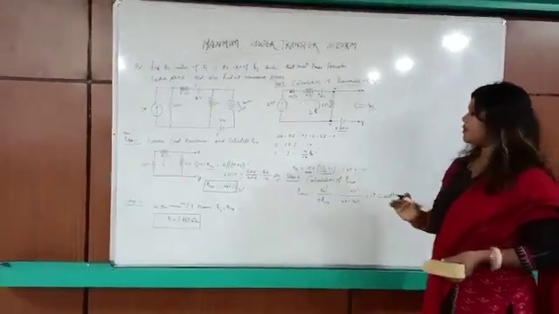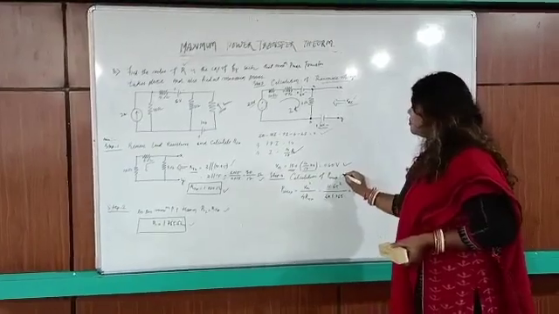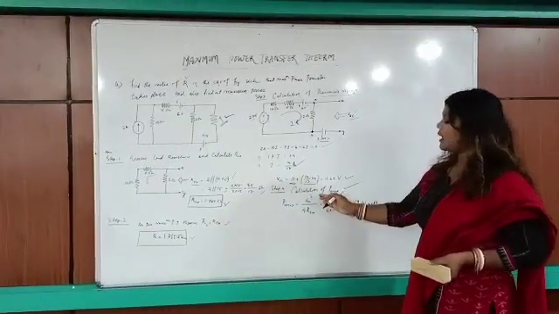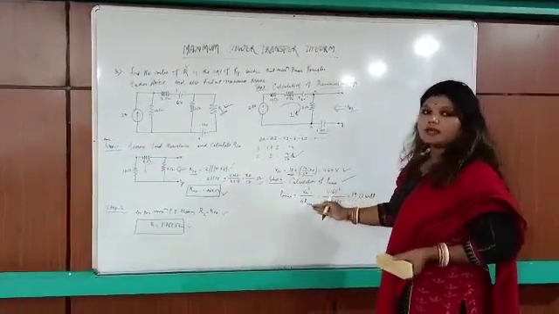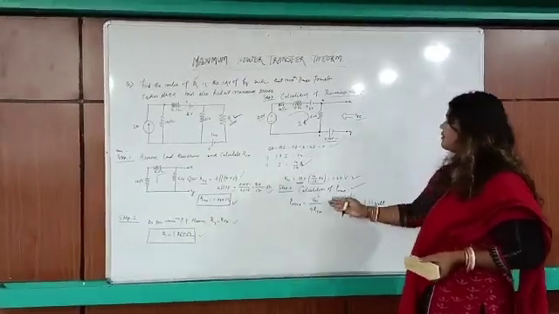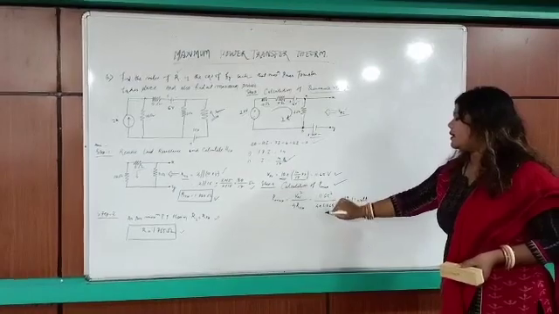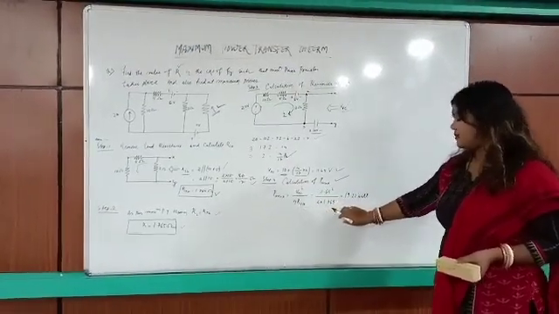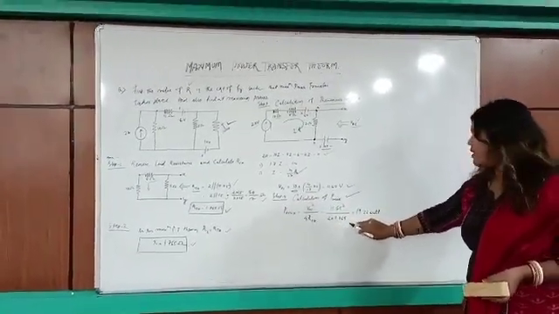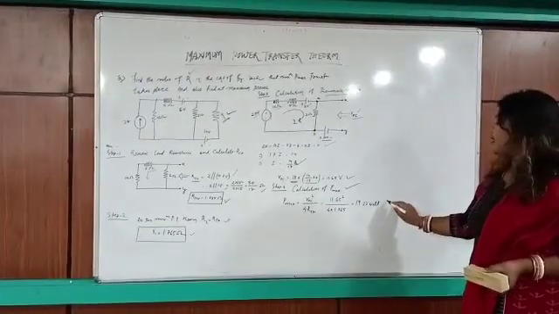In step 4, we calculate the maximum power using the formula VOC square divided by 4RTH. Substituting VOC as 11.65 and RTH as 1.765, we get the power as 19.22.